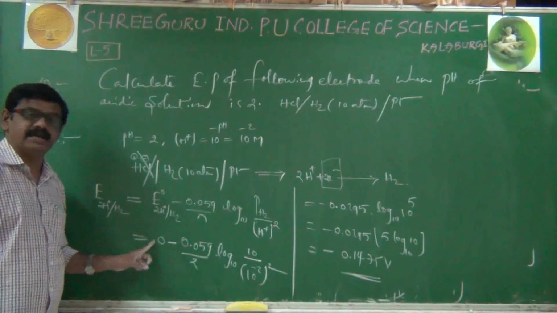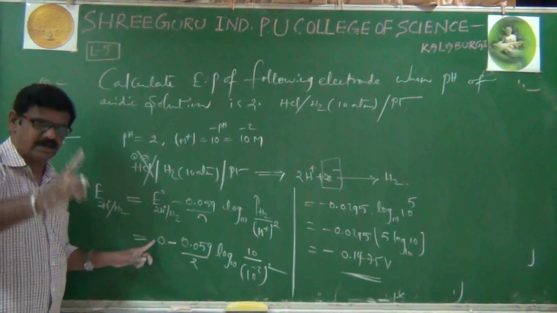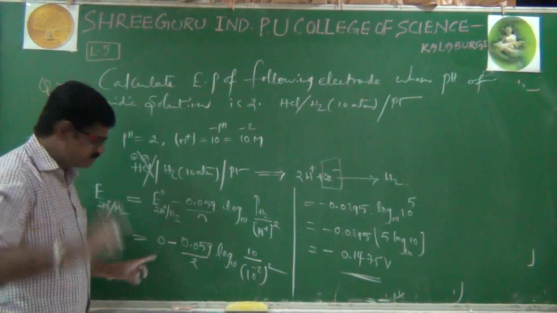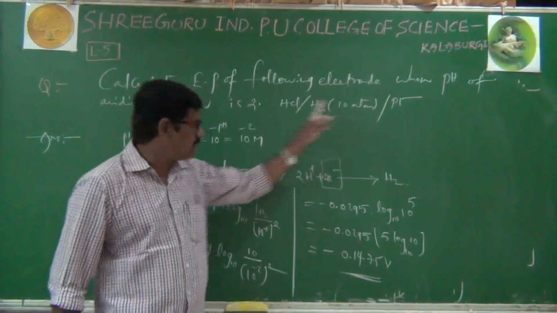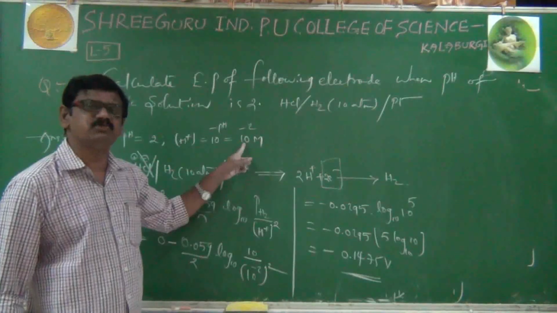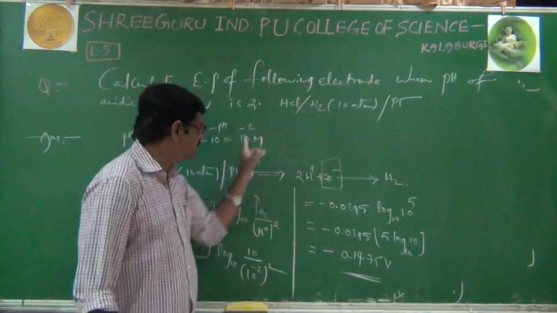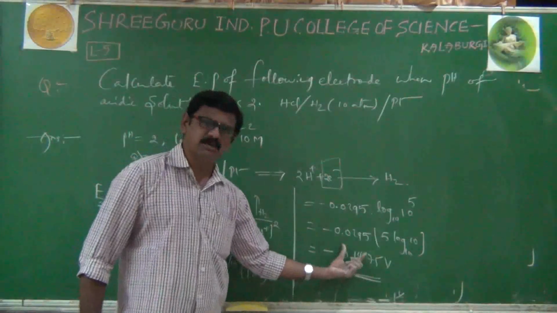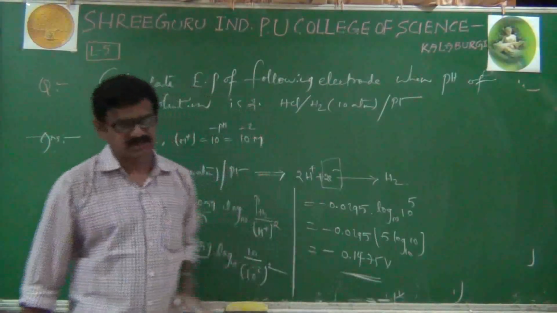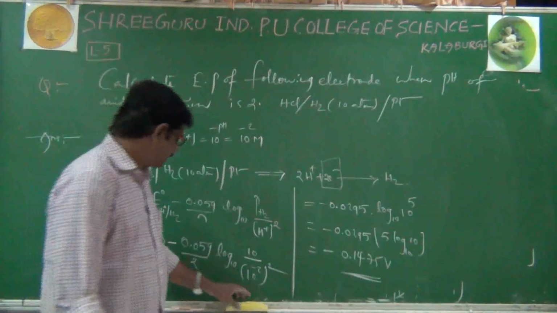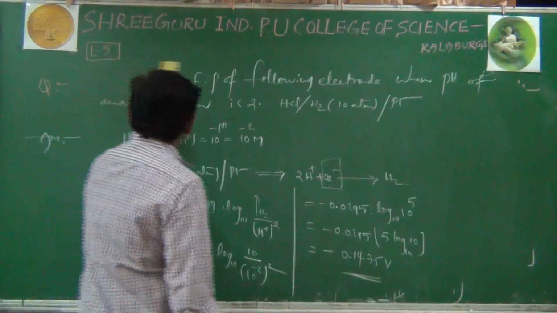It is called standard electrode potential. At 1 molar concentration and 1 atmosphere pressure, it is fixed. But here 10 atmospheres pressure and 10 to the power of minus 2 molar concentration. At these two conditions, this much potential will be generated for the hydrogen electrode. That's all. Okay, next we will go to another question.